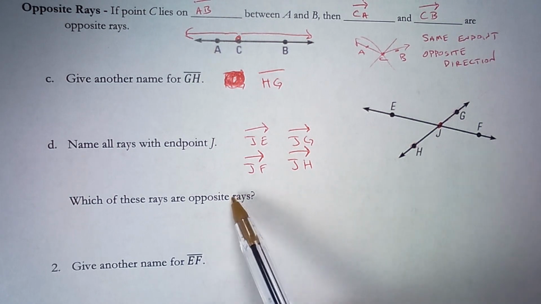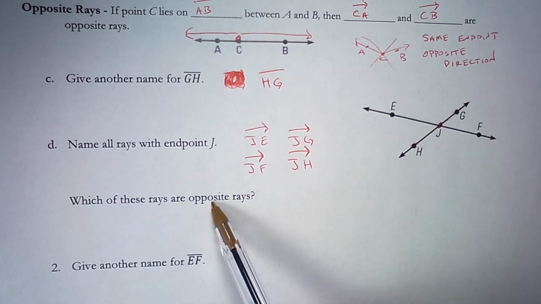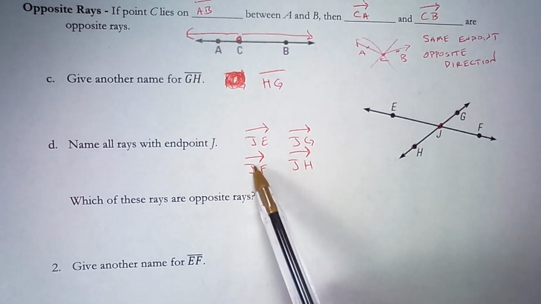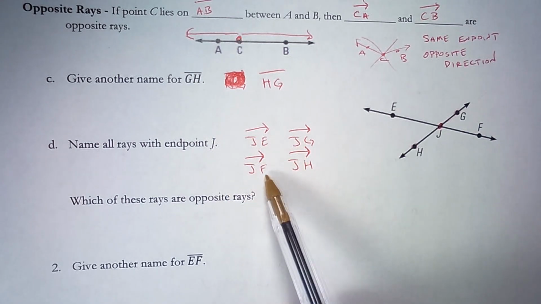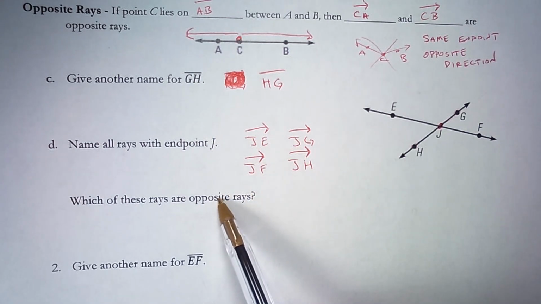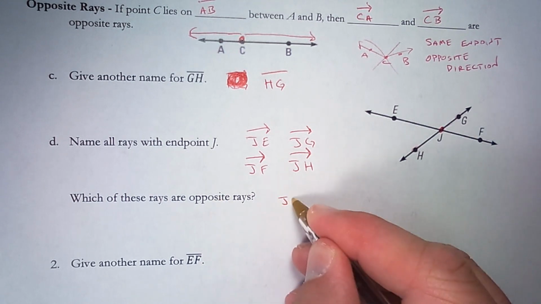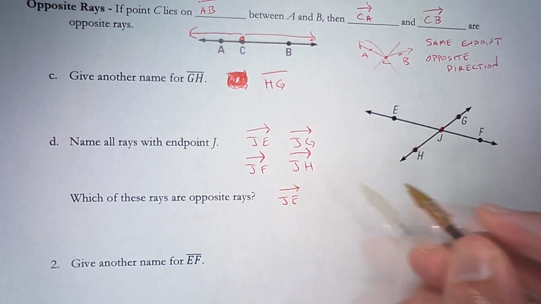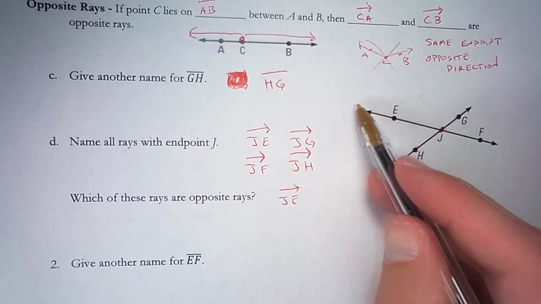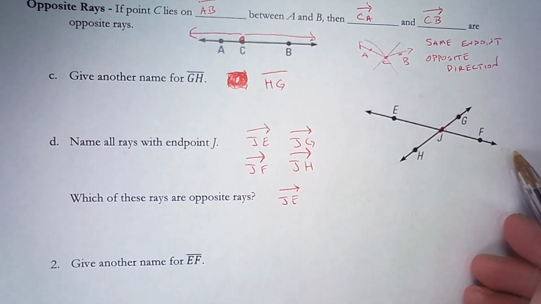What pairs of rays here are opposite rays? Okay, so remember, opposite rays have to have the same endpoint, which they all do. They all have endpoint J. But they also have to go in exactly the opposite direction. So I see ray JE goes exactly the opposite direction from ray JF.